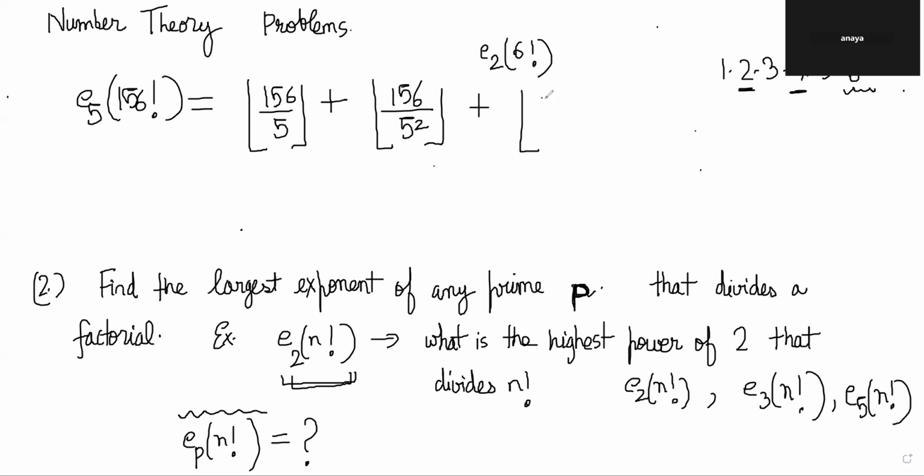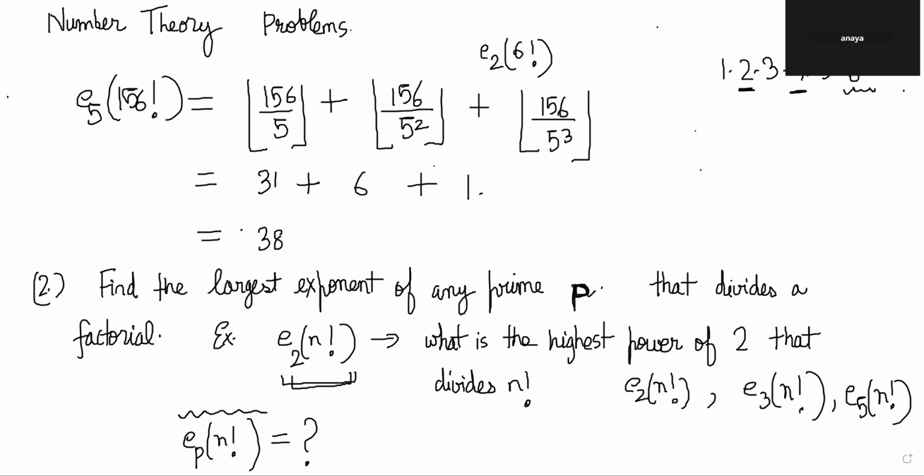And then 156 by 5 cube. 5 power 4 is bigger than 156, so nothing will happen after that. So here you will get 31. Here you will get 6. And here you will get 1. And you're getting 38 total.